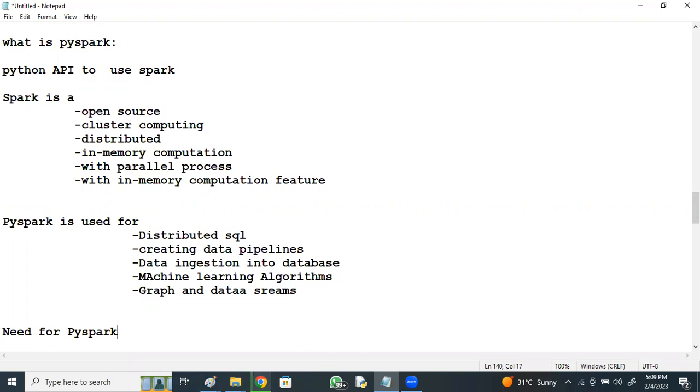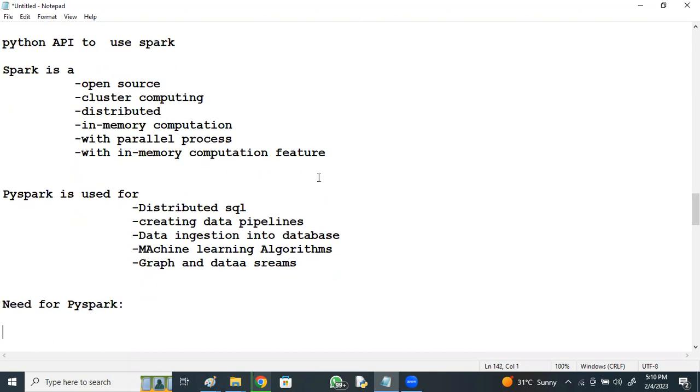We combine both Spark and Python, and the combination of Python and Spark is a very efficient way for the world of big data, right? That's why the Apache Software community came up with a tool called PySpark, a Python API for using Spark.